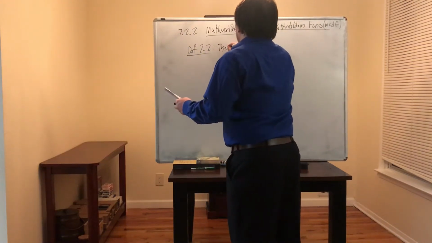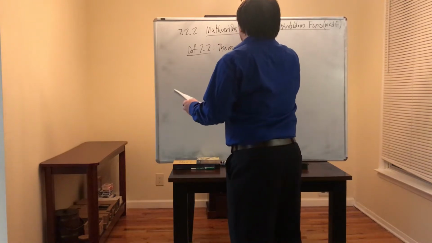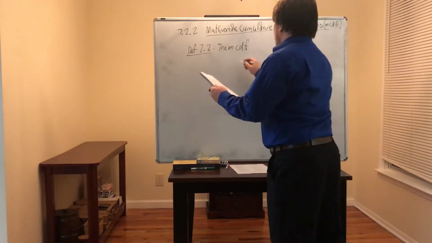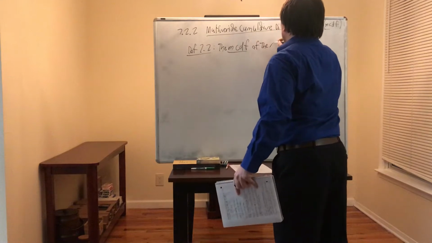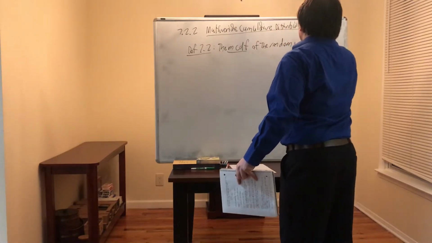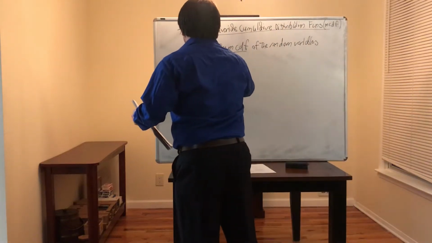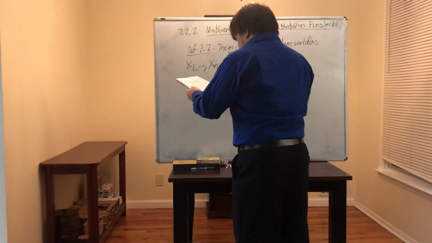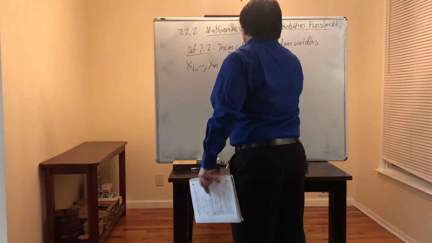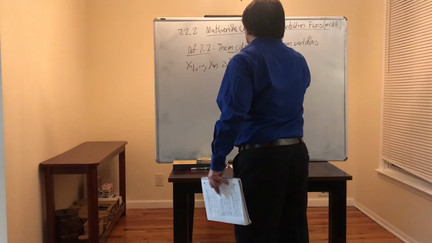Okay, so the MCDF, the multivariate cumulative distribution function of the random variables x1 to xn, is a function capital F. Remember, FCN is my abbreviation for function.